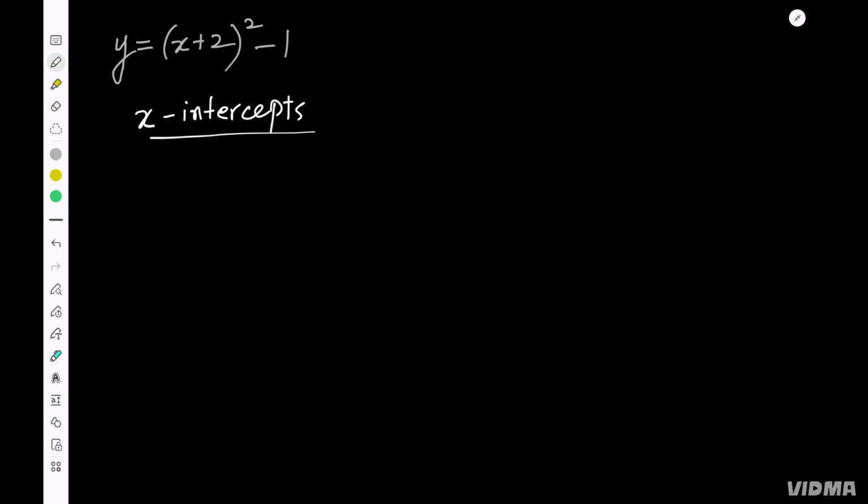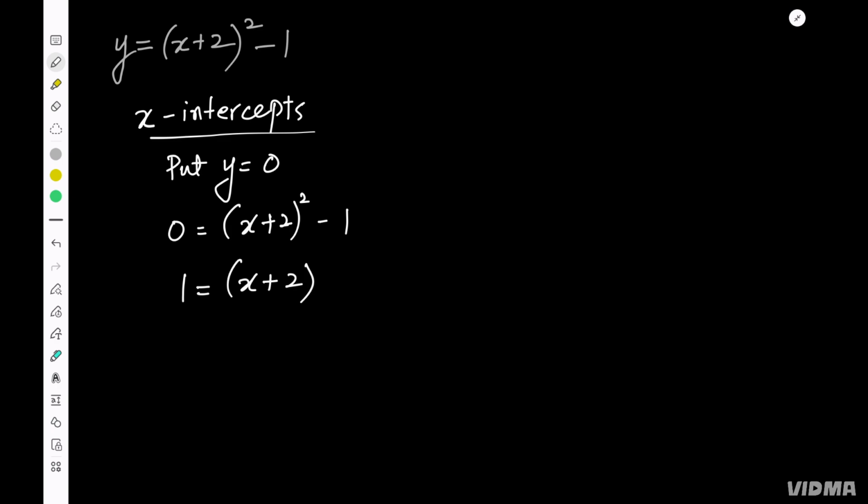In order to find x-intercepts, we have to put y is equal to 0. We will get 0 is equal to (x plus 2) square minus 1. I will move this minus 1 to the left hand side.